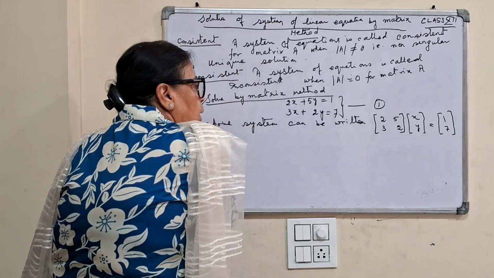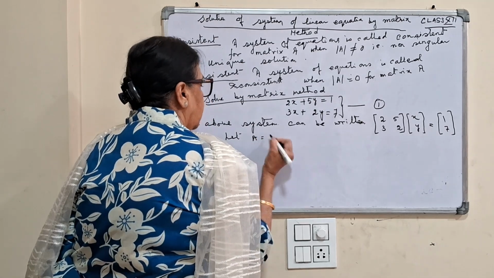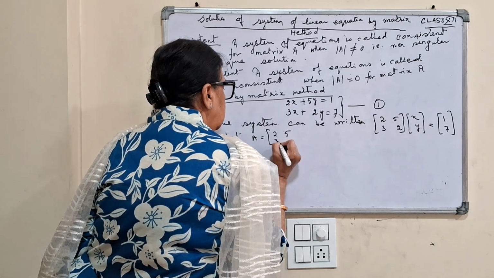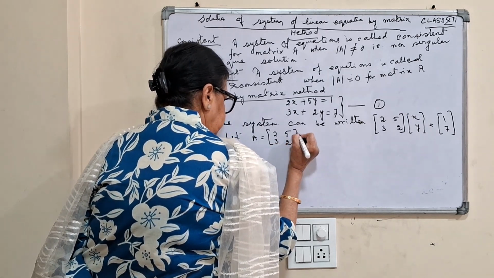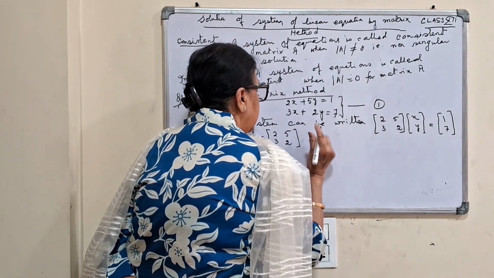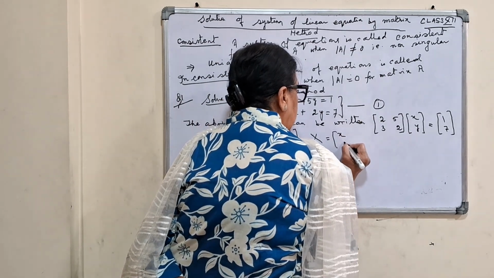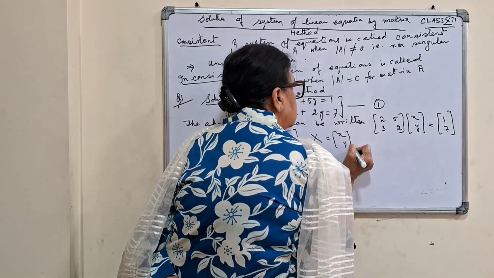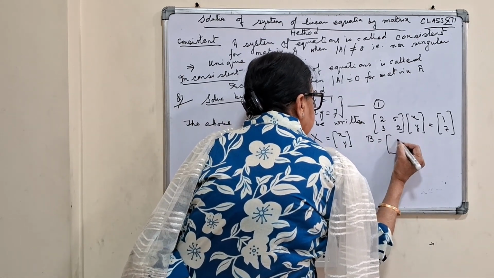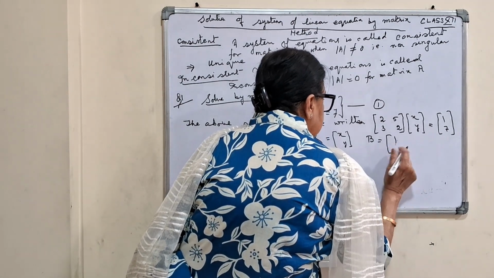Let A is equal to [2, 5; 3, 2], X is equal to [x; y], and B is equal to [1; 7].